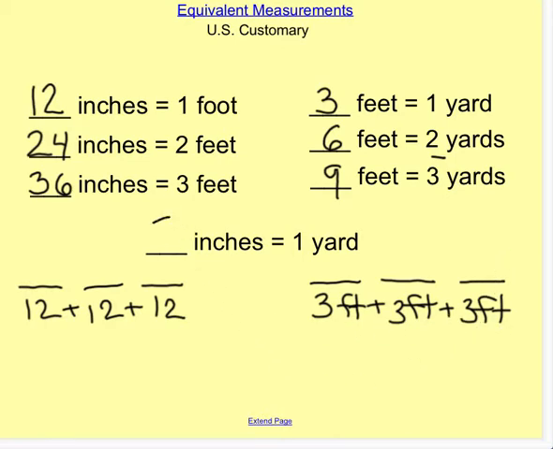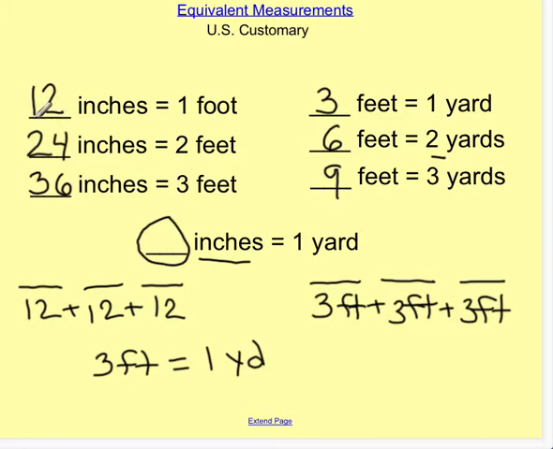Now, here's a question that says how many inches would be in 1 yard? Well, this is a 2-step problem. First, we have to figure out how many feet are in a yard. So I'm going to think about that. That's right, there's 3 feet in 1 yard. Okay, but I want my unit in inches. So back over here, 3 feet. Remember how many inches were in 1 foot?